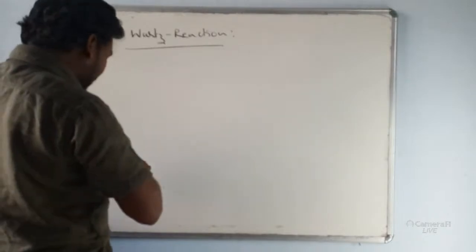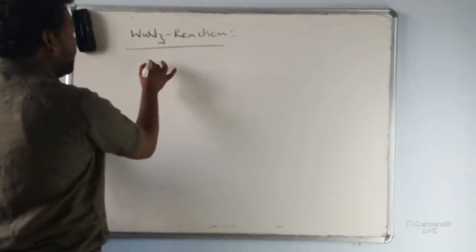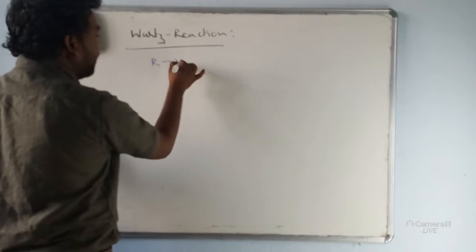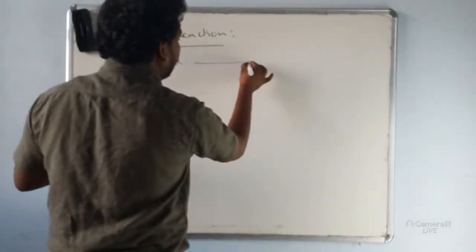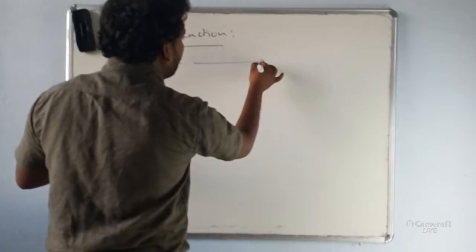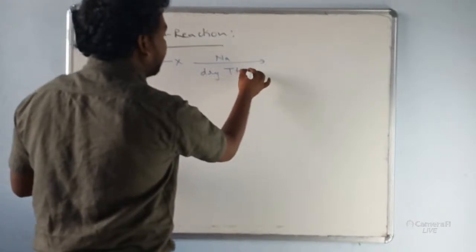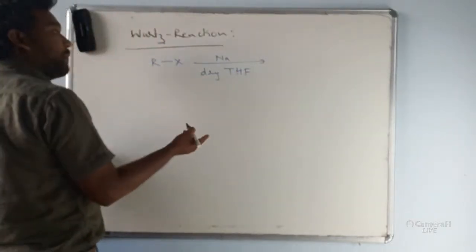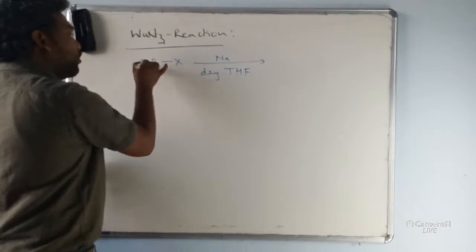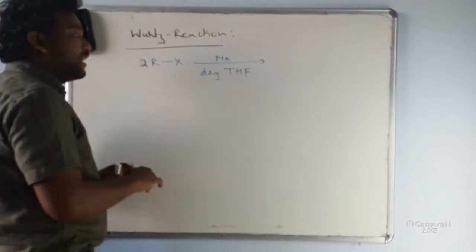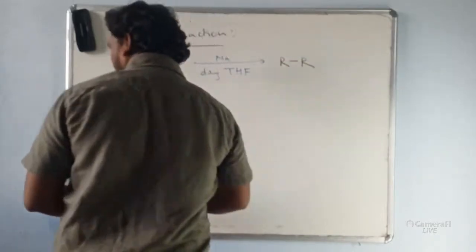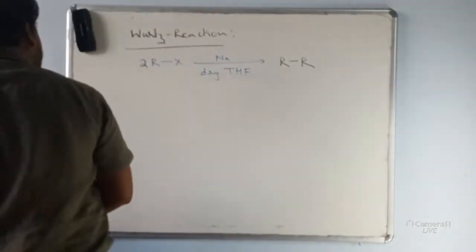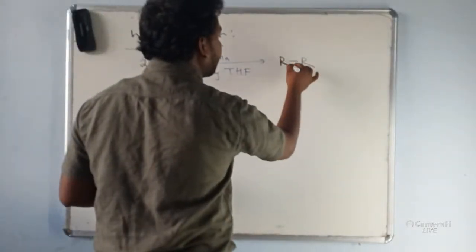It is the reaction of alkyl halides with ether like THF. What happens here? Two moles of alkyl halide are involved in the reaction and result in the formation of the respective higher alkane. This is called a higher alkane.